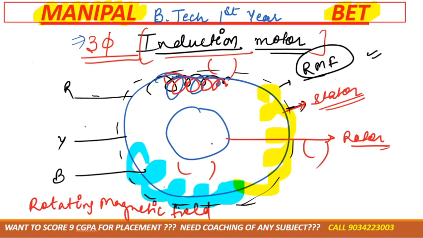It is known as the rotating magnetic field. The magnetic field is rotating, and the rotor is stationary. If there is a magnetic field around the rotor wire, then EMF is induced. If EMF is induced, then current starts flowing, right?